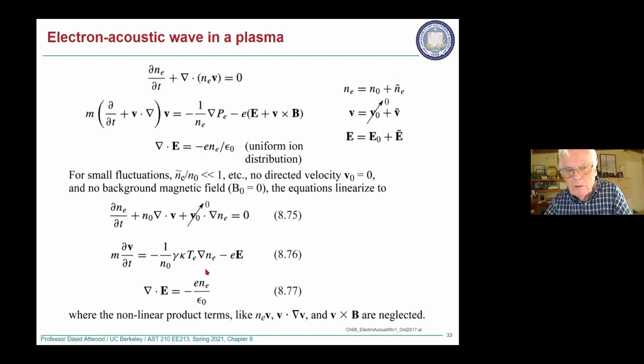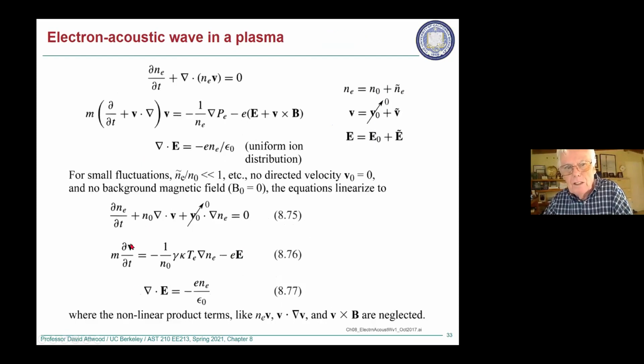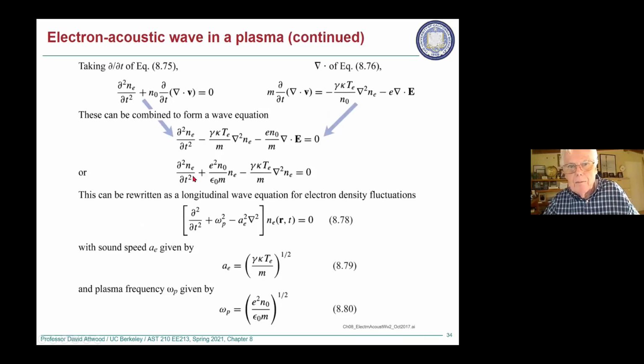And so these three equations can be combined. We're not going to show you, but it involves taking the divergence of one equation and the partial with respect to time of the other, and then combining all of these equations. So we've linearized these equations, and we're bringing them together into this equation.